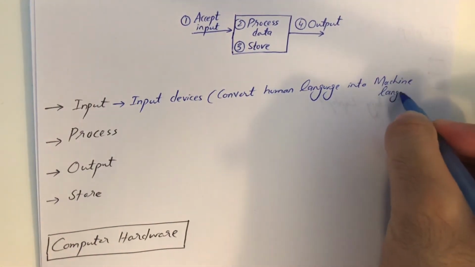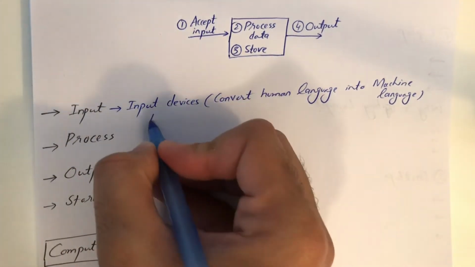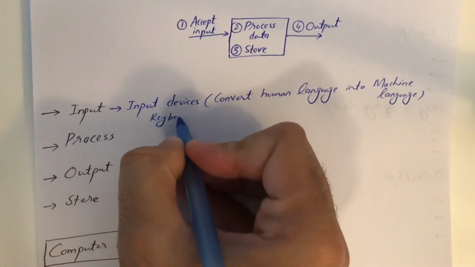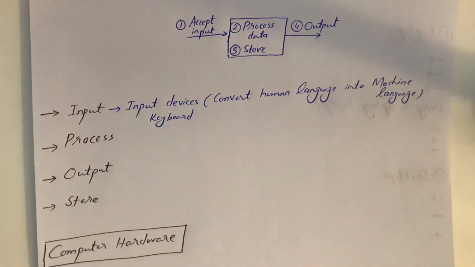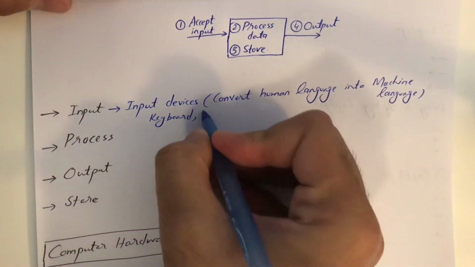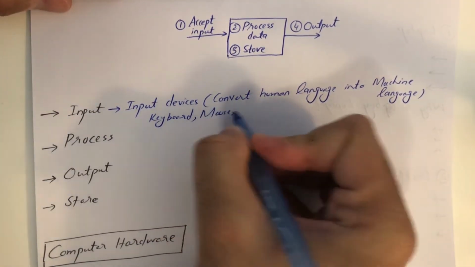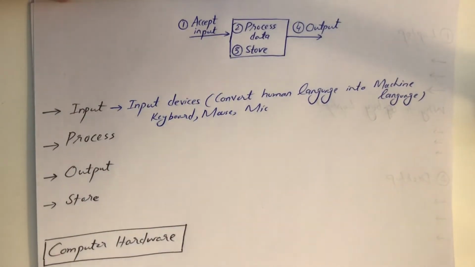Input devices are, for example, your keyboard. The computer can take input from the keyboard, and the keyboard converts whatever you type into binary or machine language. Mouse, mic, the microphone. So these are some types of input devices.